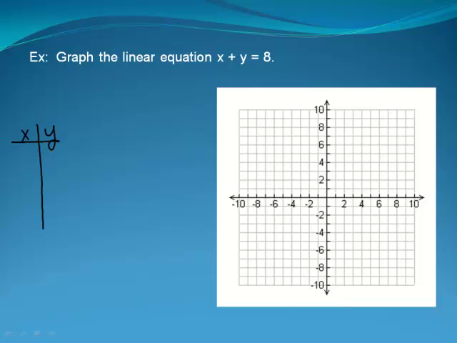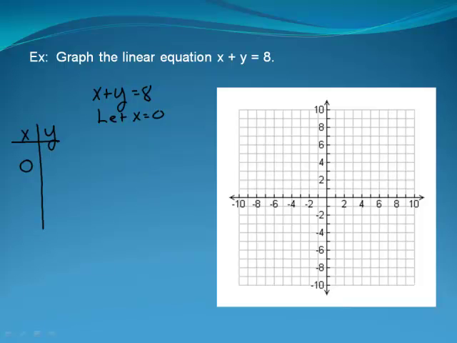My equation x plus y equals 8 needs to be used to find at least 2 ordered pairs. I'm going to start by letting my x value be 0. I could have picked anything I wanted, but I picked 0 because 0 almost always makes the math pretty easy.